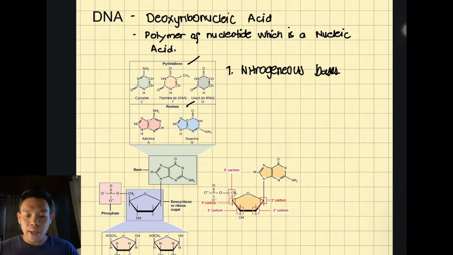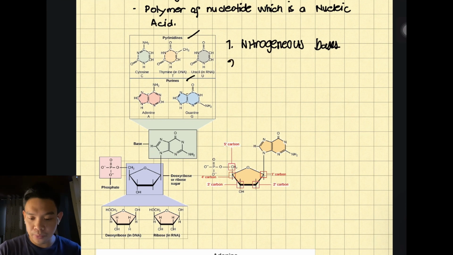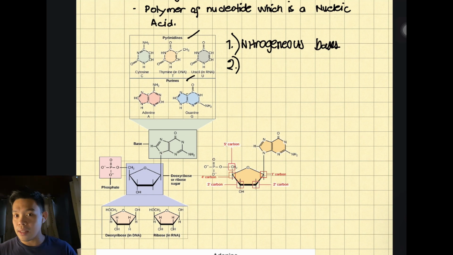Aside from nitrogenous bases, a nucleotide is also composed of a sugar. The sugar for DNA is called deoxyribose sugar, while the sugar for RNA, another nucleic acid, is ribose sugar.